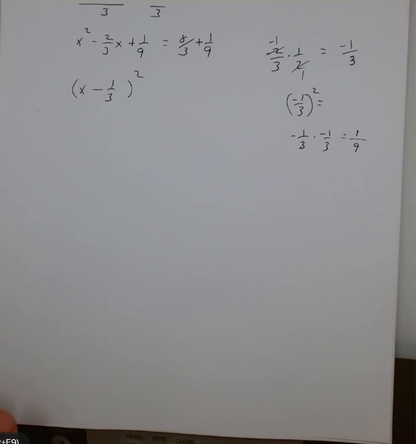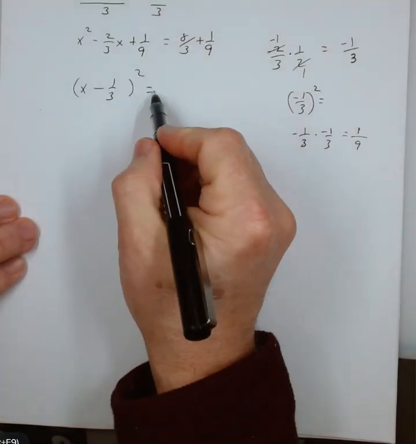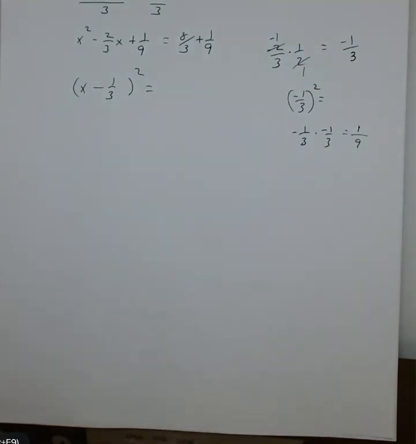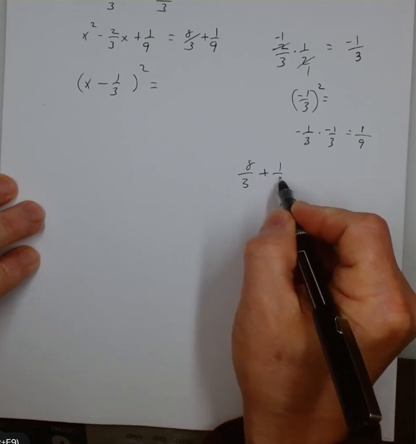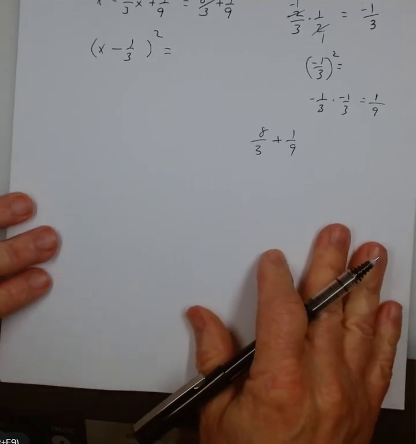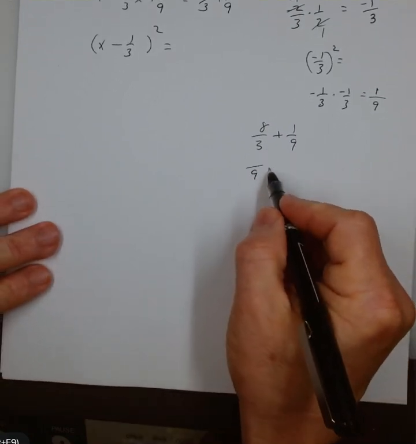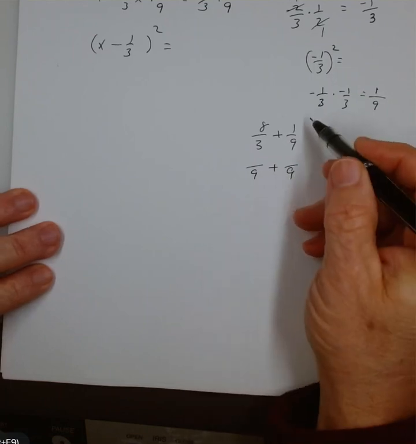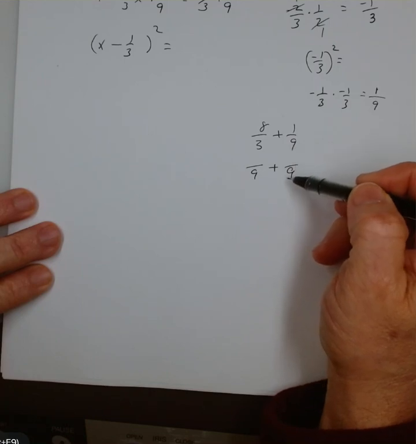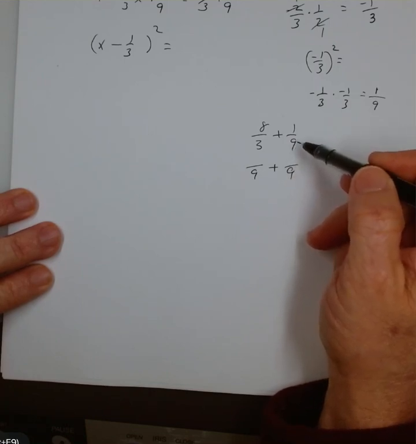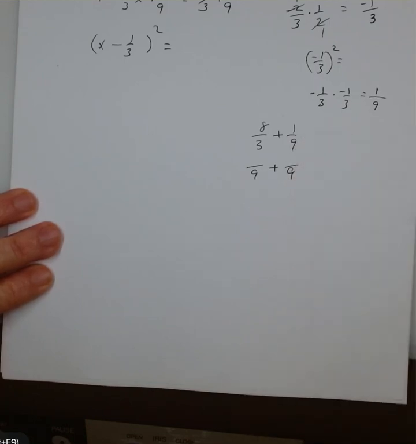Okay. So over here, you have 8/3 plus 1/9. How do I add those two fractions? Your least common denominator. What's the least common denominator? 9. If the denominators are the same, then I add the numerators.